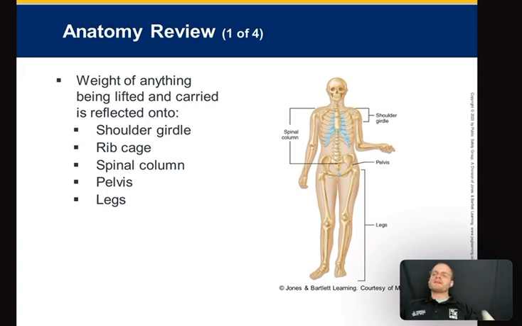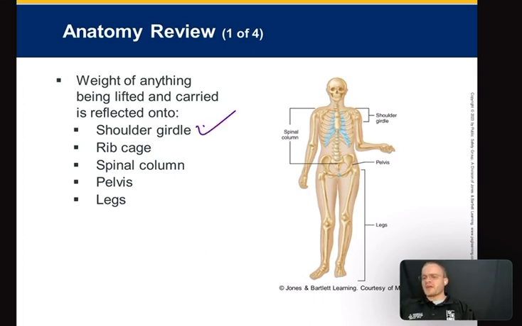But you might get a test question that would say, at what areas is the weight of picking something up transferred into? And it may have multiple choices, or you have to match or whatever. And the answers are, well, it's kind of logical, okay? If we're picking something up from the ground, let's just imagine we're picking up a patient on a backboard, it first will go into your shoulder girdle, okay?